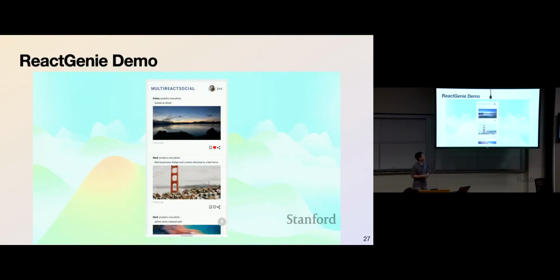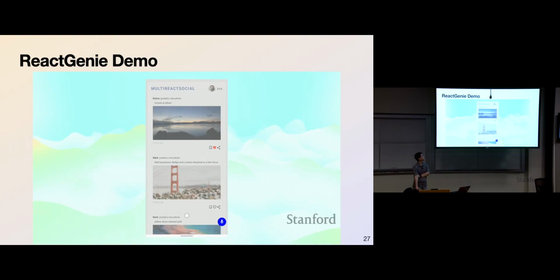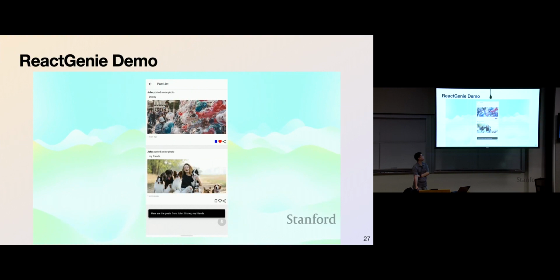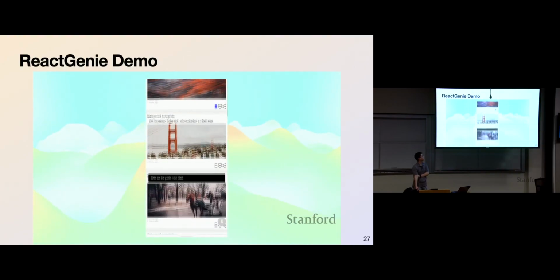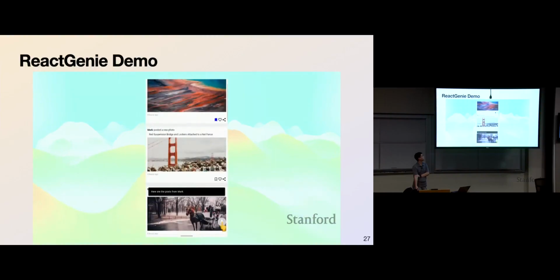Here's a quick demo. Today, Jack saw Emma's photo in React Genie, and he feels this photo is very familiar. He must have seen it somewhere recently. Show me posts from John. So it's not John. What about posts from Mark? Wow, Mark has too many photos.